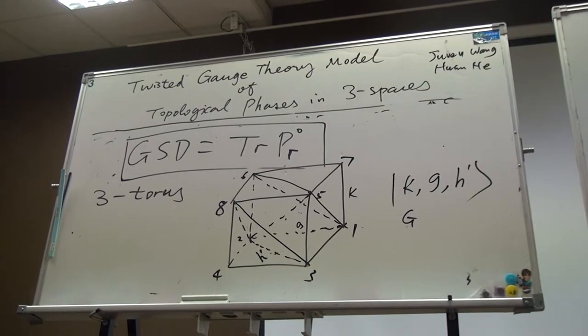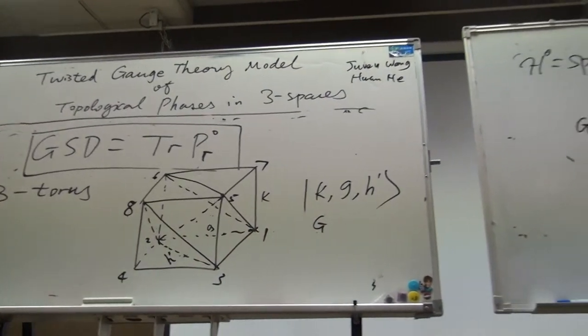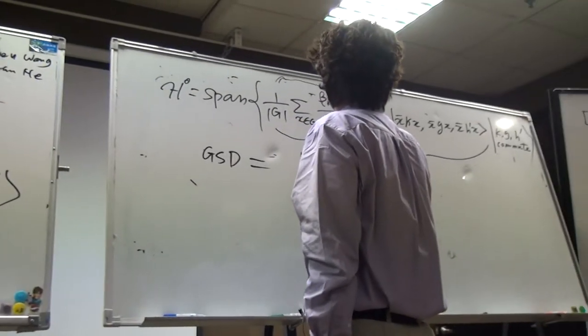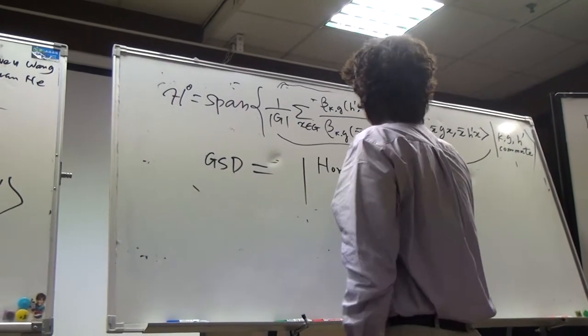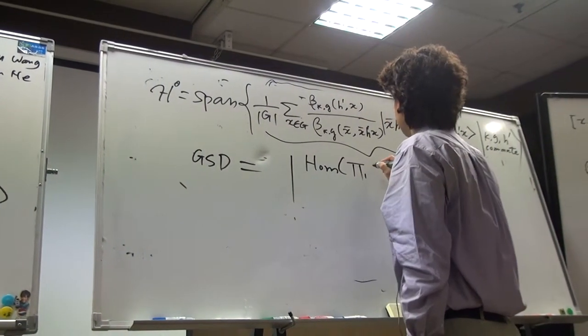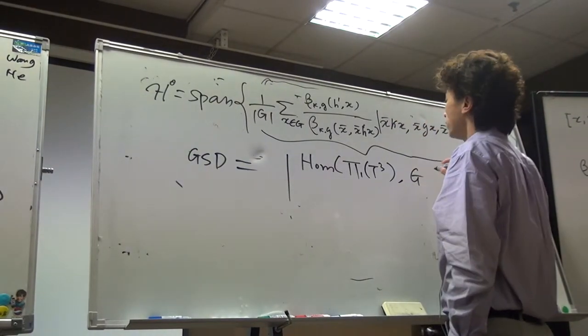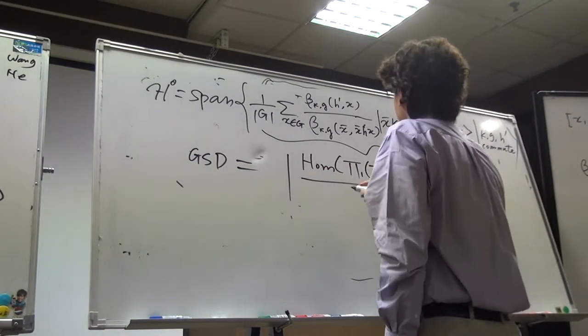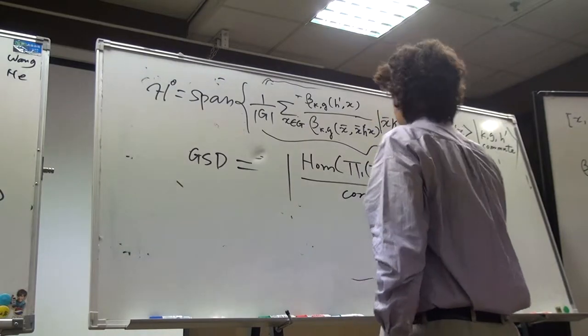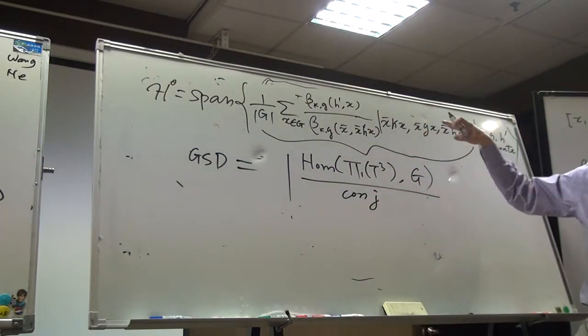So you might want to conclude that the GSD equals the size of the homomorphism space between the fundamental group of the 3 torus and the group, quotient some conjugacy relation.